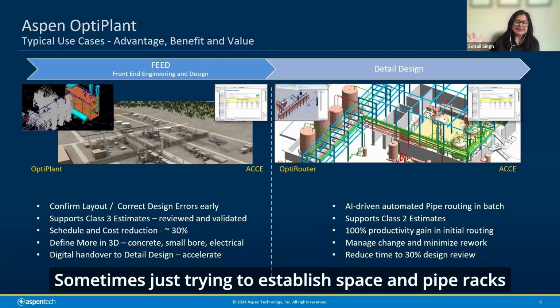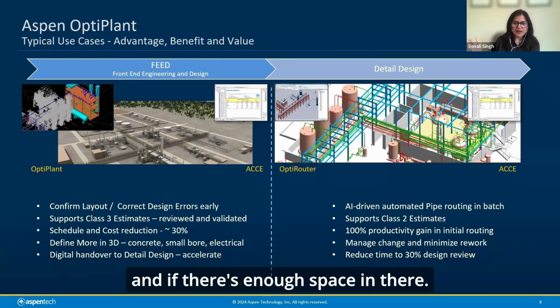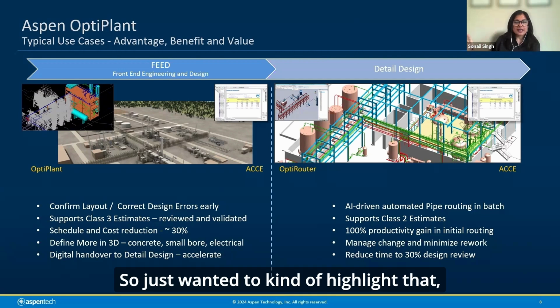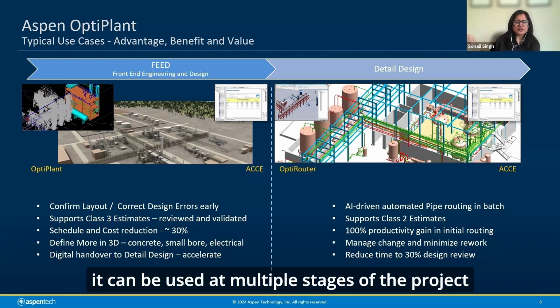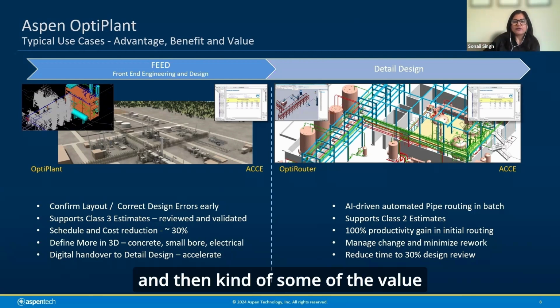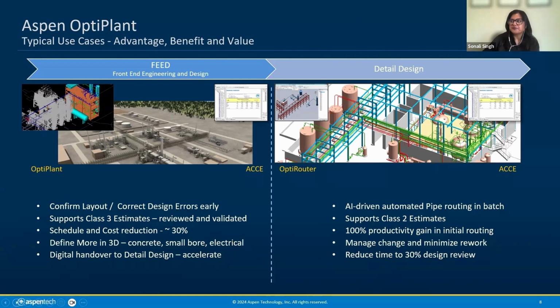Sometimes just trying to establish space in pipe racks, and if there's enough space in there. So lots of different use cases there as well. So just wanted to highlight that it can be used at multiple stages of the project up to detailed design, and some of the value that it's brought to these projects.